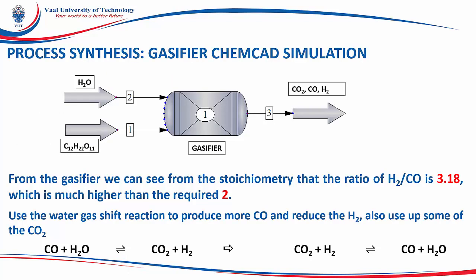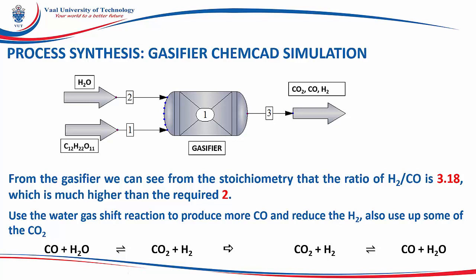If you remember from lesson 1, in this particular setup where we are gasifying sucrose, we are producing an H2 to CO ratio of 3.18, which is much higher than the one that we require for methanol synthesis, which is 2 H2 for 1 CO, meaning an H2 to CO ratio of 2 is required.